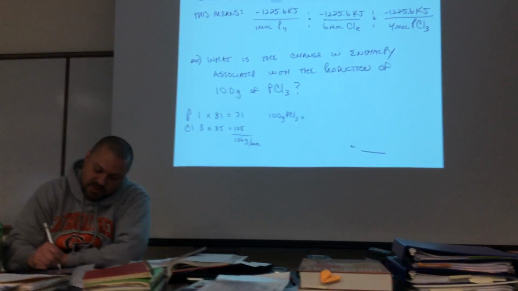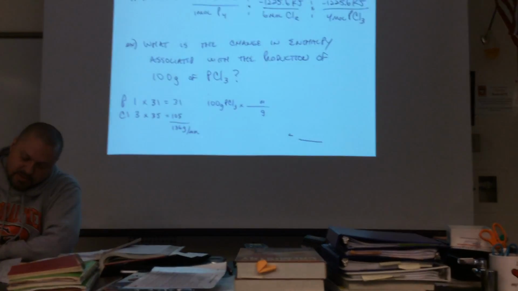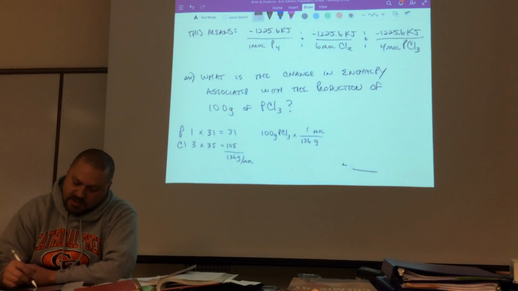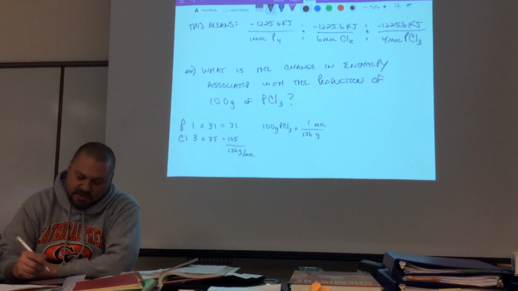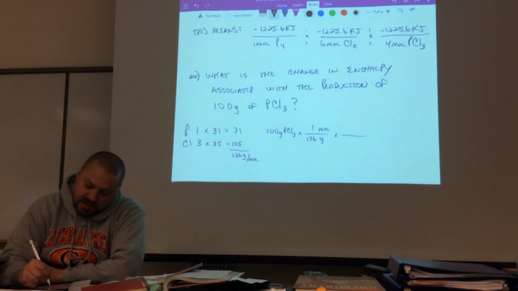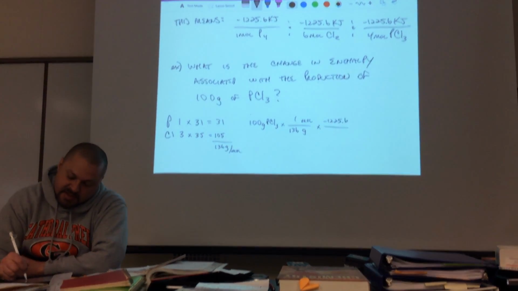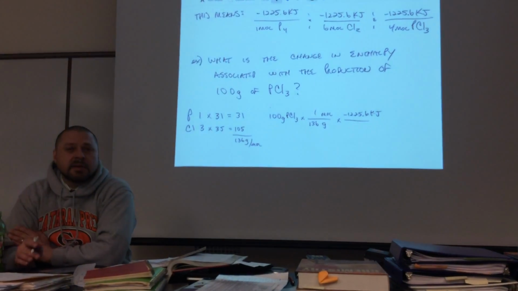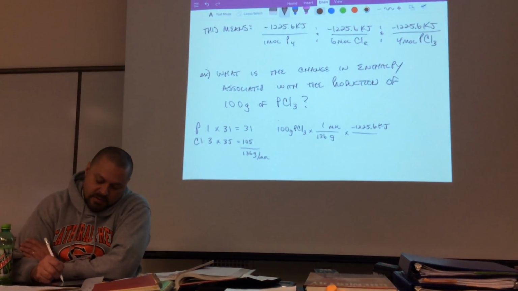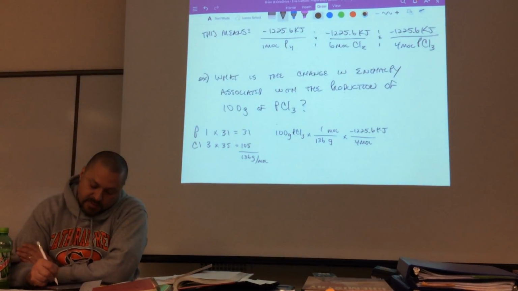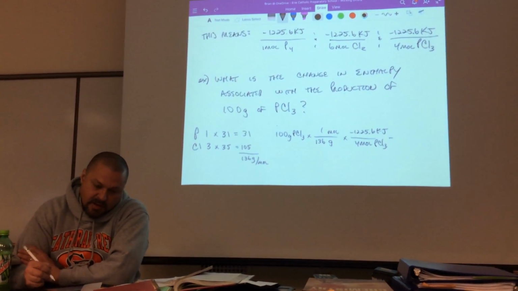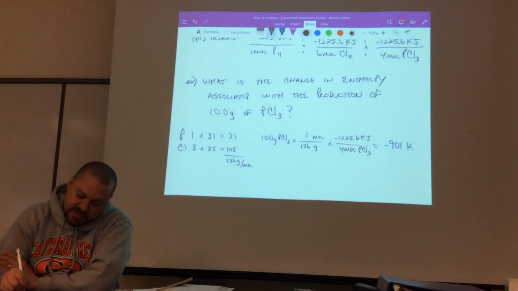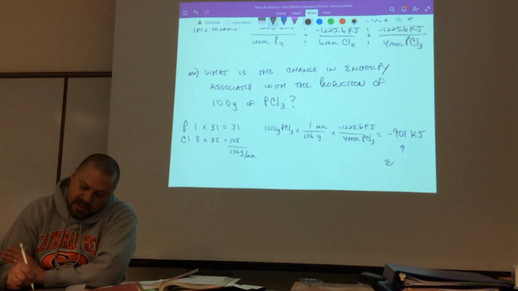And I'm going to turn that into moles by getting rid of grams and going to moles. 1 mole weighs 136 grams. And then I can turn that into heat. Negative 1225.6 kilojoules per, well, how many moles in this case? 4 moles PCl3. And this comes out to be negative 901 kilojoules. And this is also exothermic.